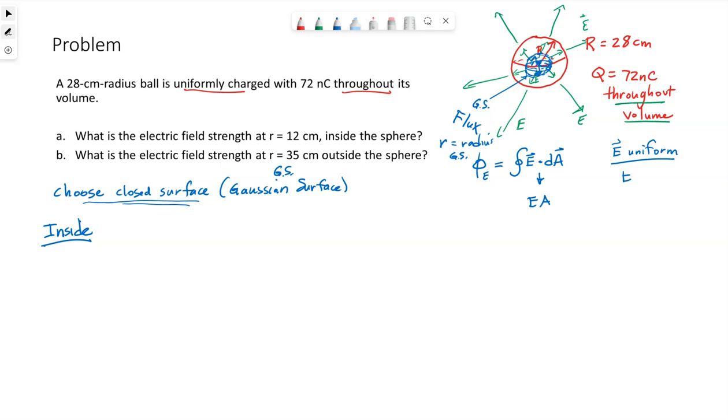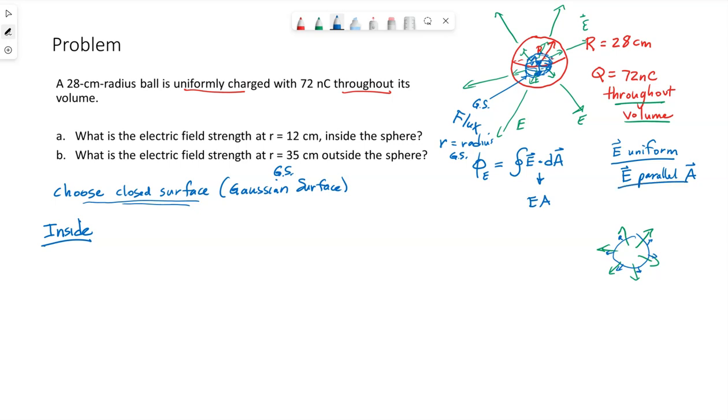It is also true that the electric field vectors are parallel to the area vectors at any given point. These electric field vectors are pointing radially outwards, and my new little sphere's area vectors are also pointing outwards. Area vectors are always normal to the surface, meaning perpendicular to the surface.